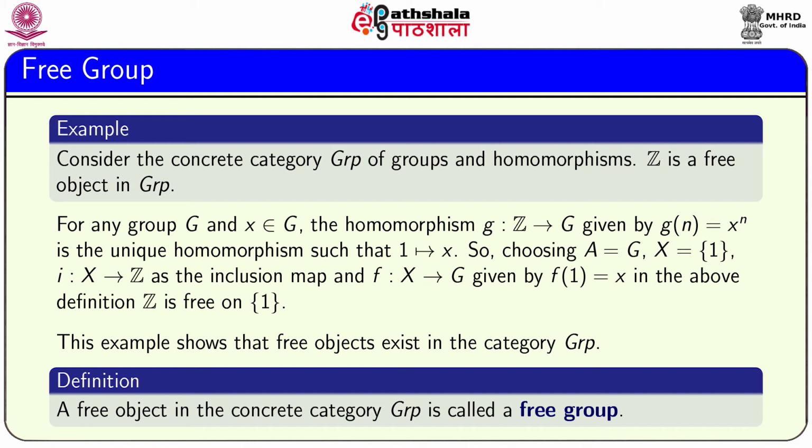This example shows that free objects exist in the category GRP. With this, we define free group as a free object in the concrete category GRP.